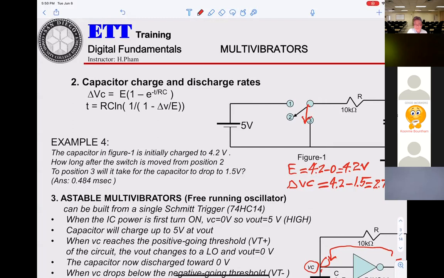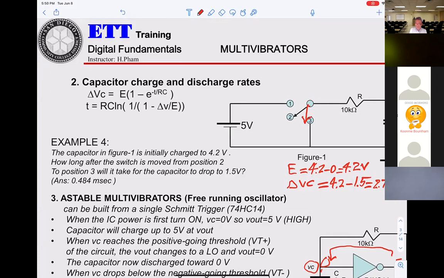That means it reaches zero, and initially they get 4.2. So it will be 4.2 minus zero. You get 4.2 volt. So the initial one is 4.2, but you're trying to reach zero.